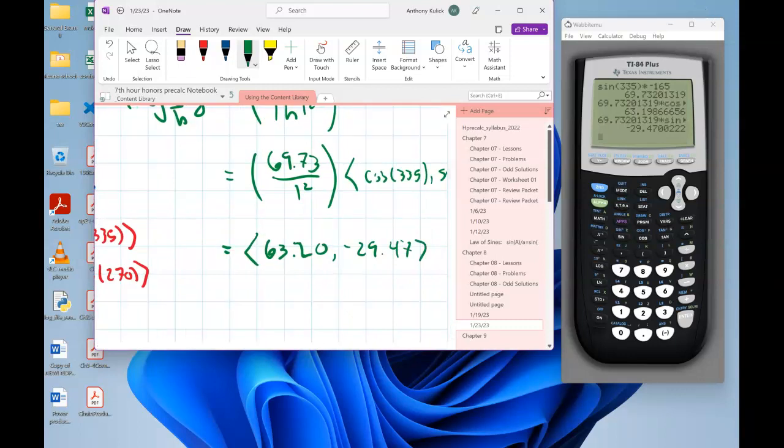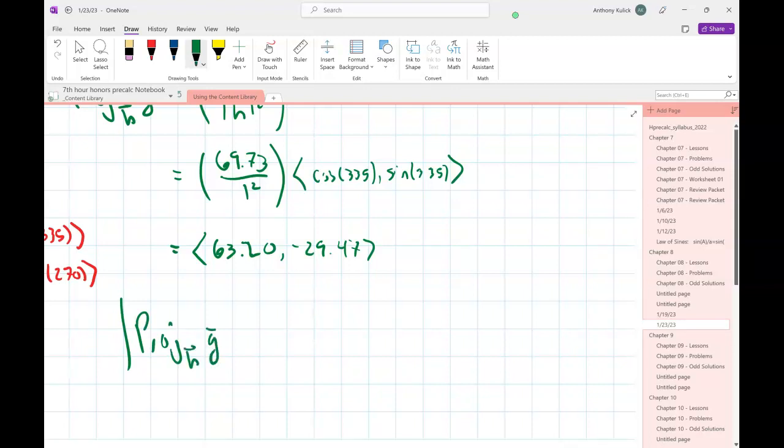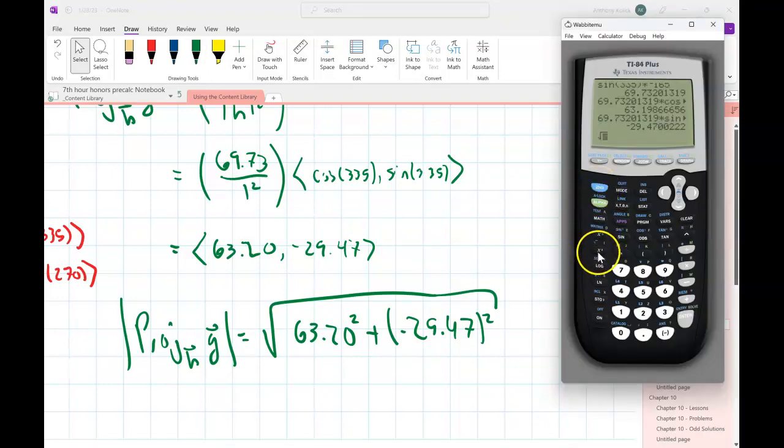And then we just need the magnitude of that. And I get 6973.